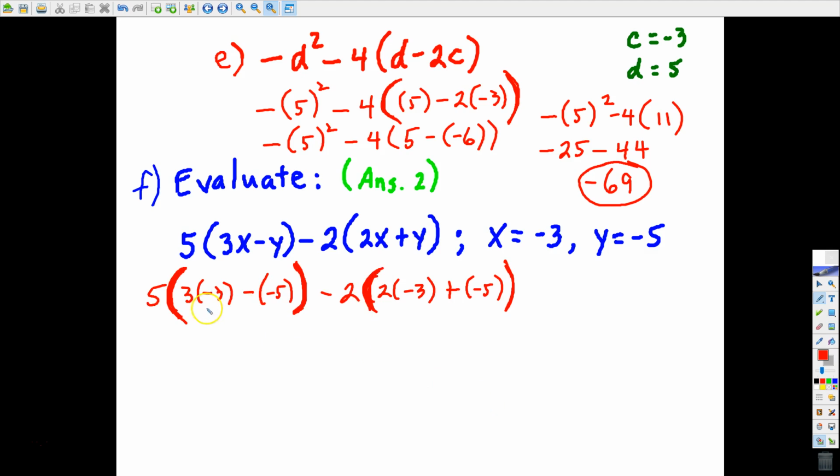Okay, now let's work on inside. The P part of PEMDAS is inside the parentheses. We need to follow PEMDAS. So we multiply first. 3 times -3 is -9. And I'm just going to do this a step at a time, so hopefully you can follow along. 2 times -3 is -6.